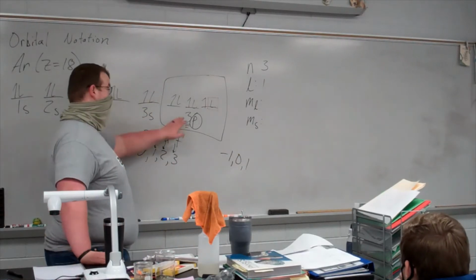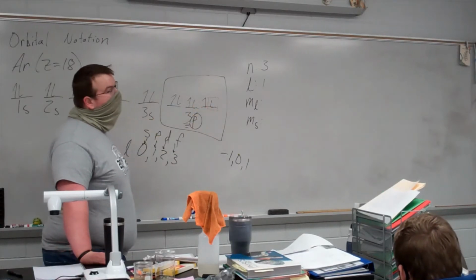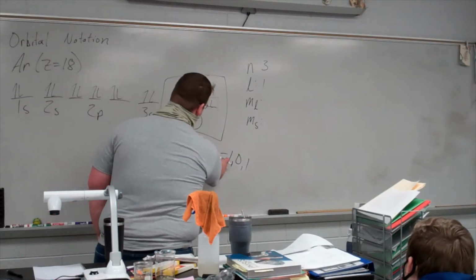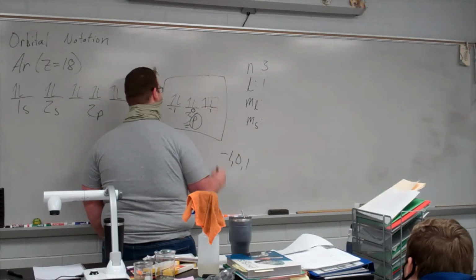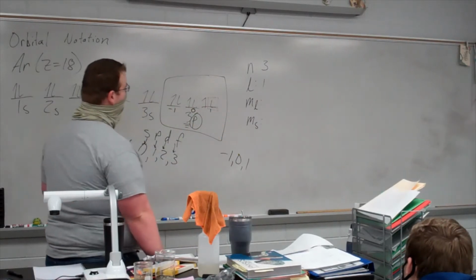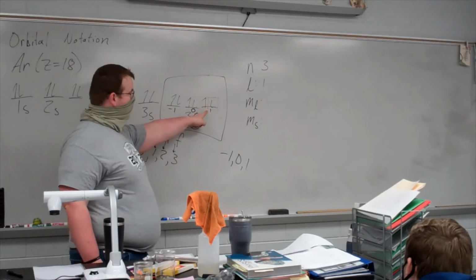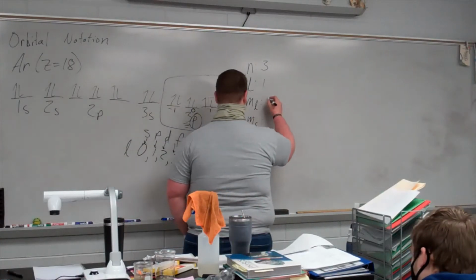How many dashes you got? 3. Each one of those corresponds with this. So this is negative 1, this is 0, and that is 1. So the electron is sitting where? In the 1. So M sub L is 1.